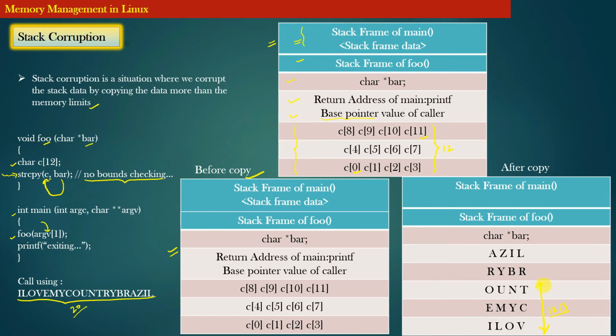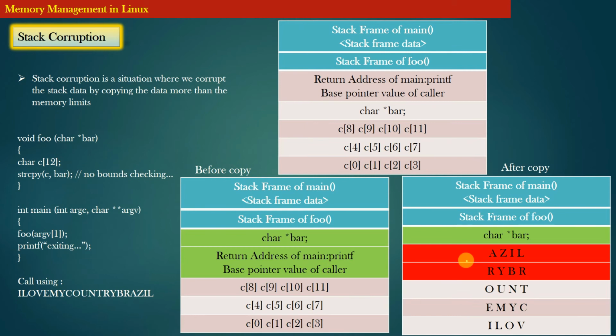But since you have copied 20 bytes of data, you have copied 8 bytes extra. By copying 8 bytes of data extra, you have corrupted the return address and the base pointer value which were stored in this stack frame. These values will get corrupted. Corrupted means they are overwritten by the user data.